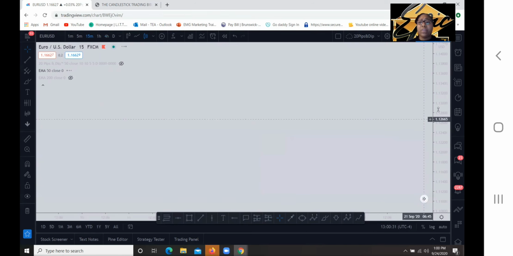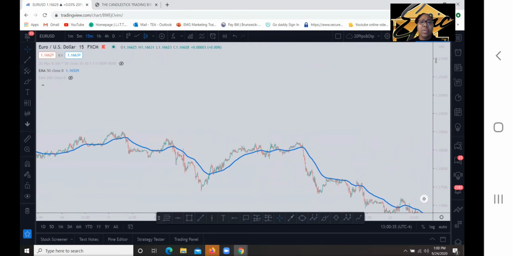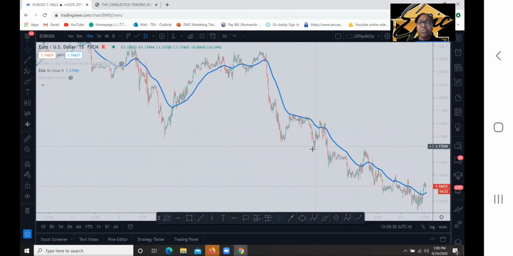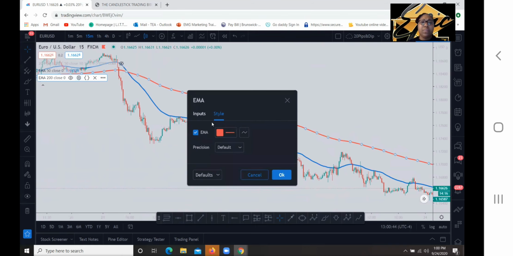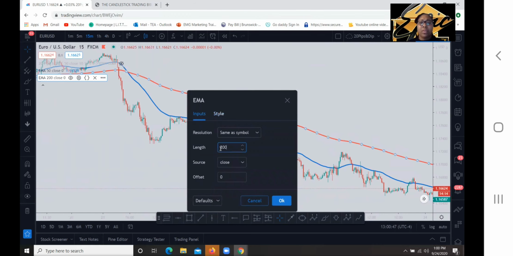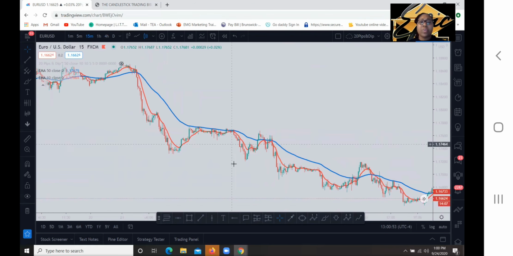If I was looking for moving average crosses on the 15-minute, I would use the 50 and something smaller than 50, like 10 or 20, so that it's closer because this time frame is shorter.